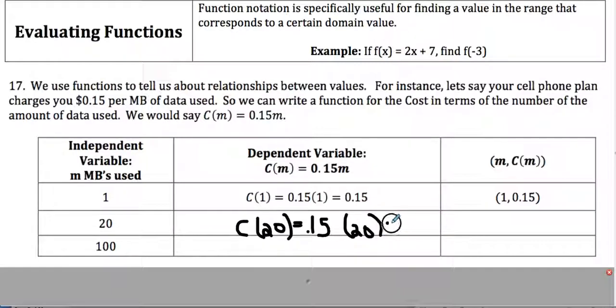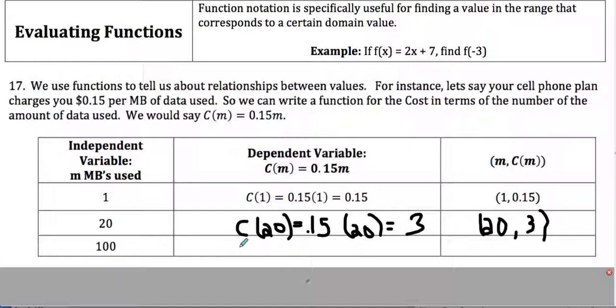When you do your calculations, hopefully you will get that it is equal to 3. That means for 20 megabytes of data, it's going to cost me $3 extra. Well, that doesn't sound so bad.